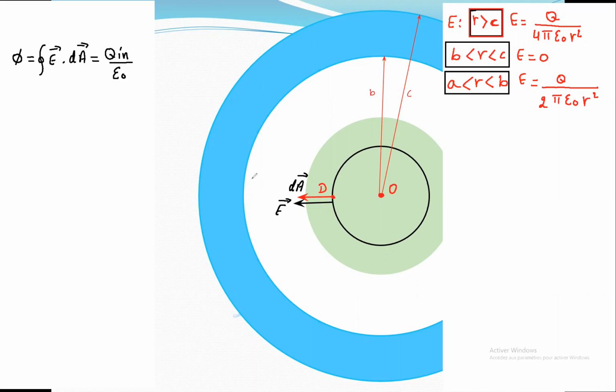The angle between them equals 0, so we have E dA cosine 0 equals 1, okay? Equals Qn over epsilon 0. Qn is inside the Gaussian surface here.